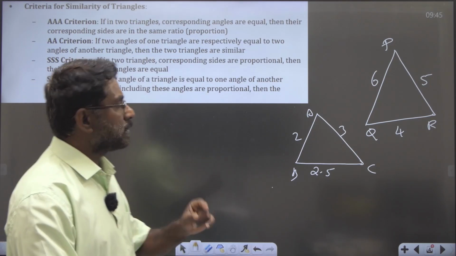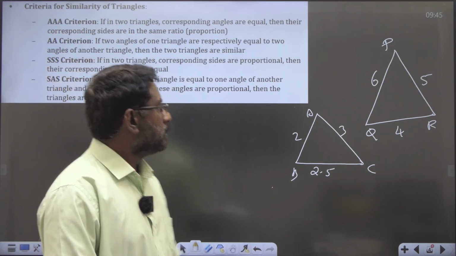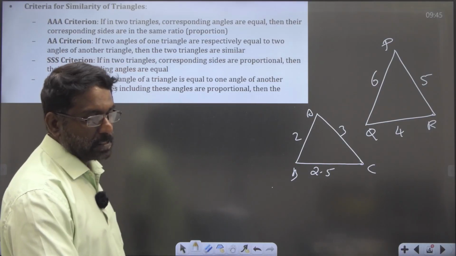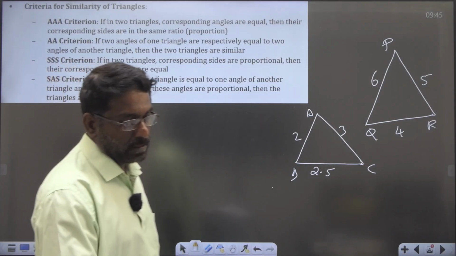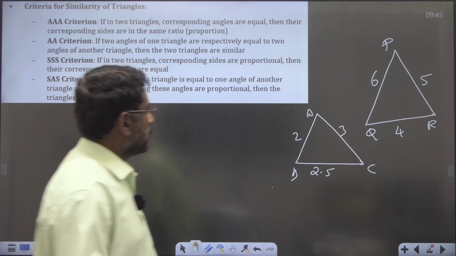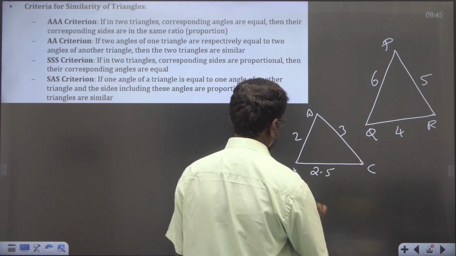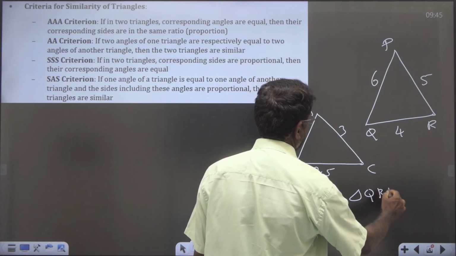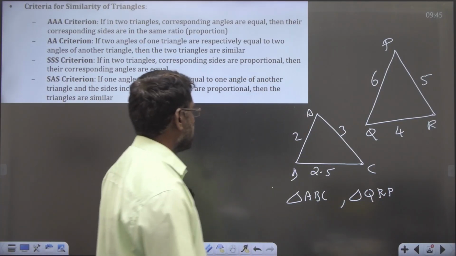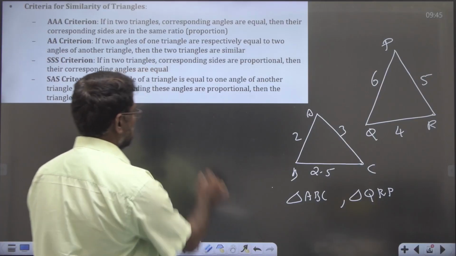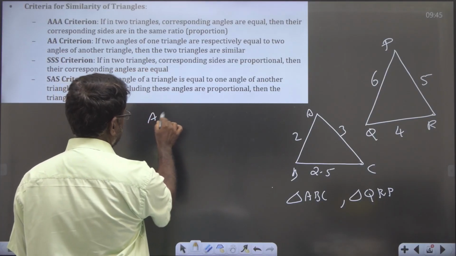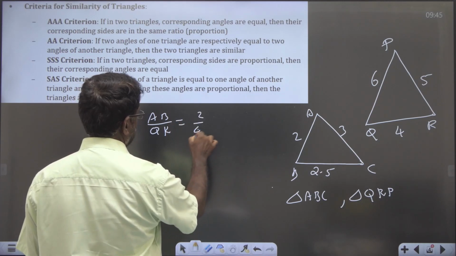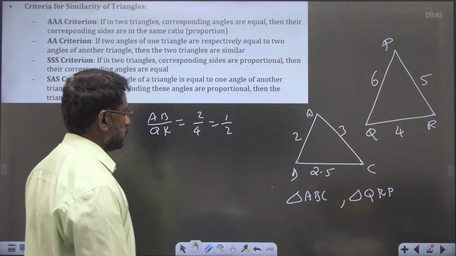In the previous question, angles were given. So what about sides? Is it proportional or not? Consider triangle ABC and triangle QRP. AB by QR is 2 by 4, that is 1 by 2.